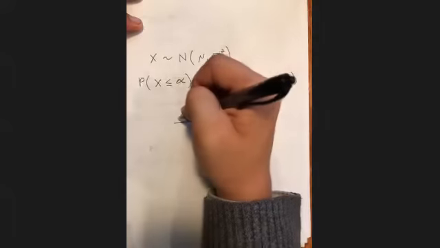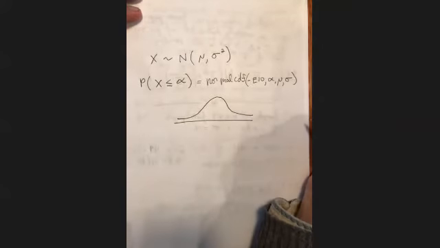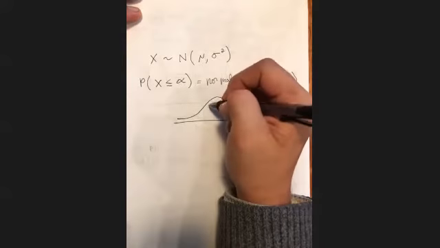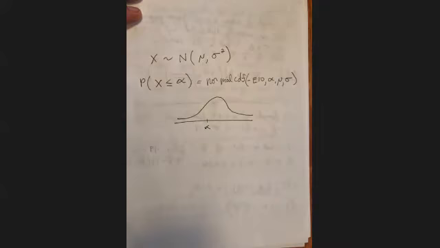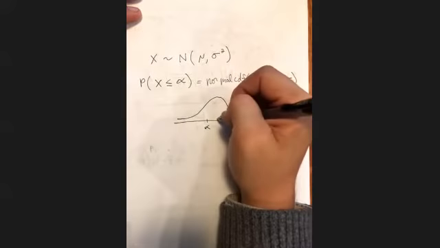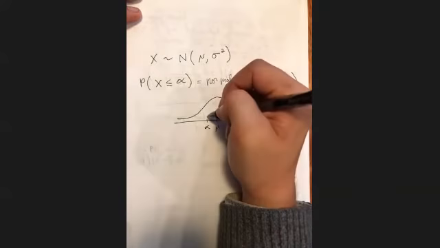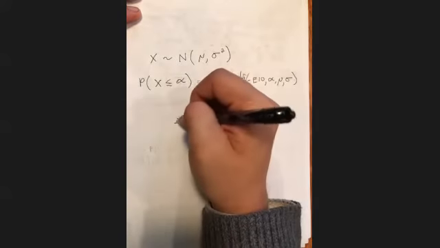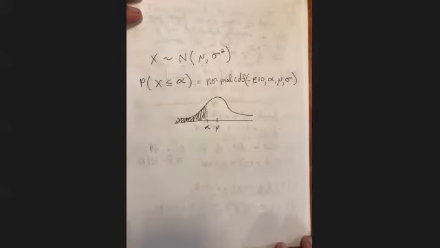Pictorially, you have your bell curve. You are looking at alpha somewhere. We don't know where alpha is. There are no numbers. It could be to the right or left of mu, which you know is in the middle. I'll put it to the left. So we are computing the area of the shaded region as seen there.